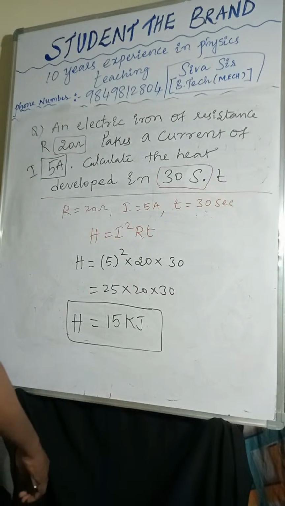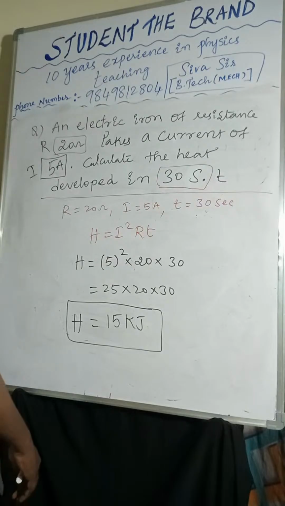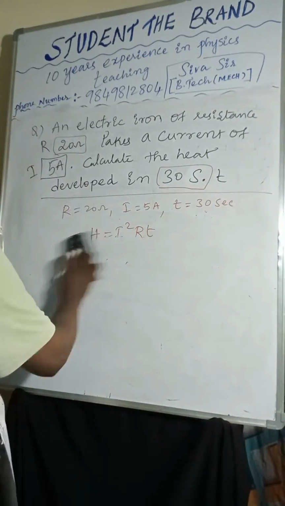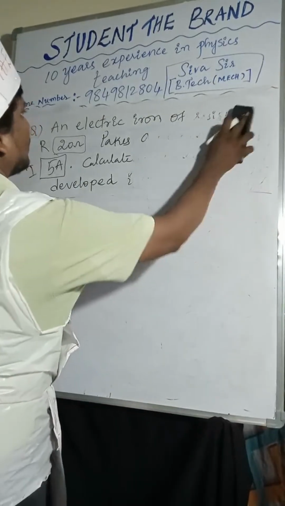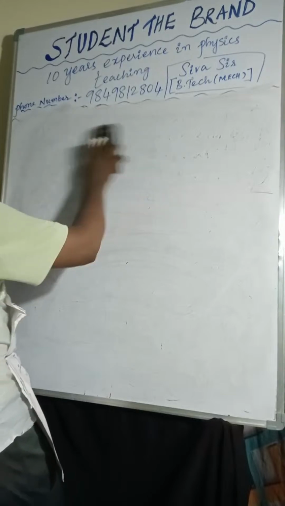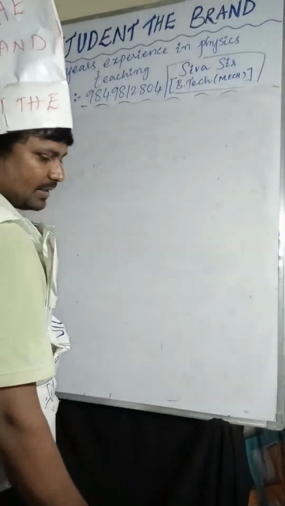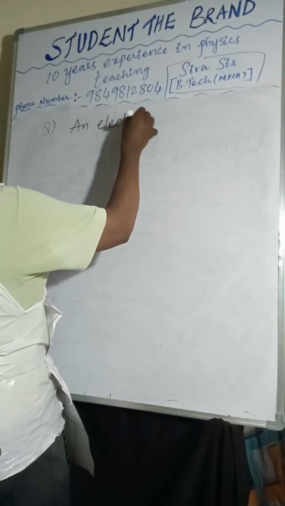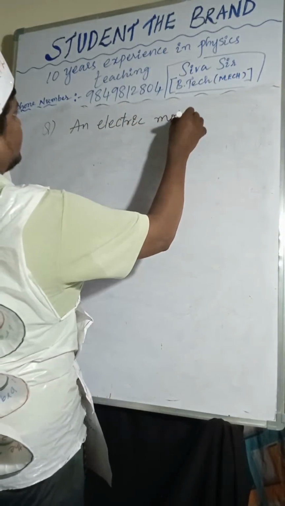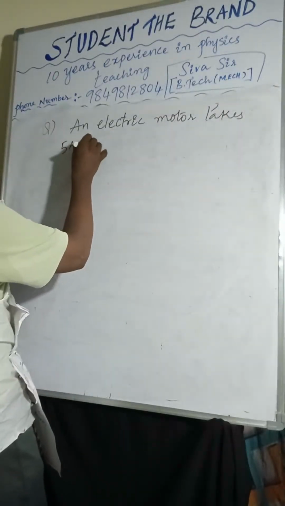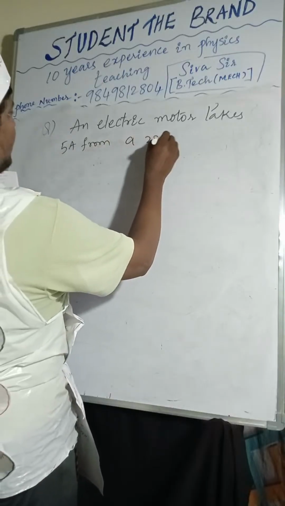One more question. An electric motor takes 5 ampere from a 220 volts line.